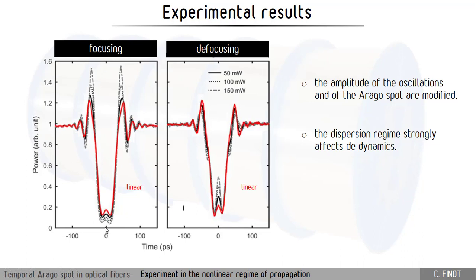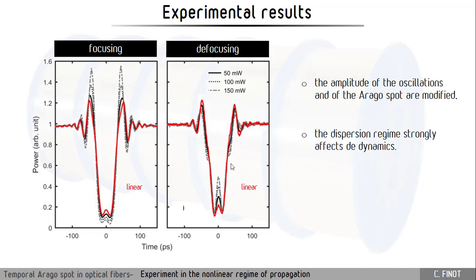On the contrary, the ripples that we observe near the edge are significantly increased by the focusing nonlinearity. So here we have a strong increase of this fluctuation. And this is exactly the opposite in the defocusing case.